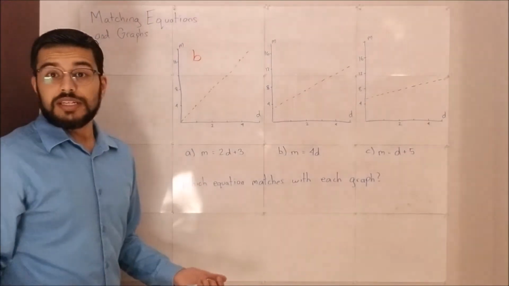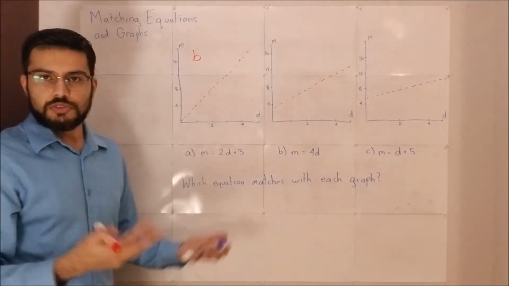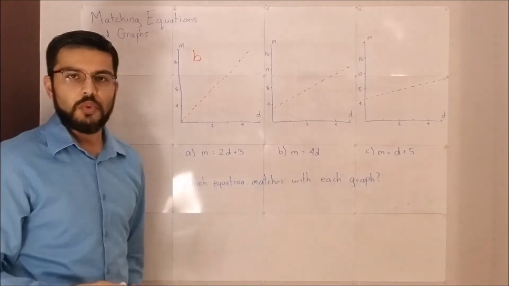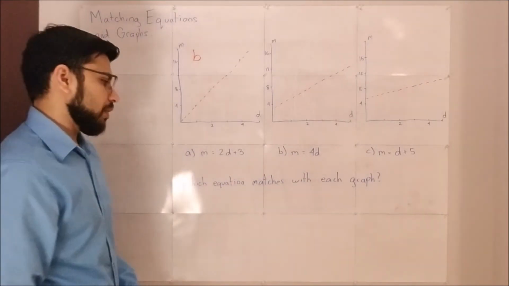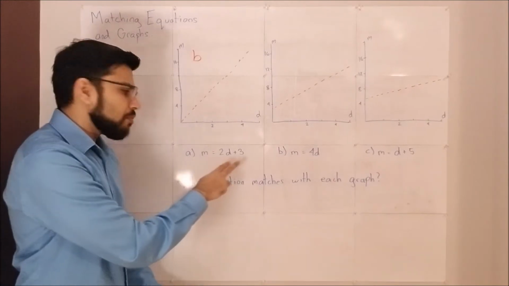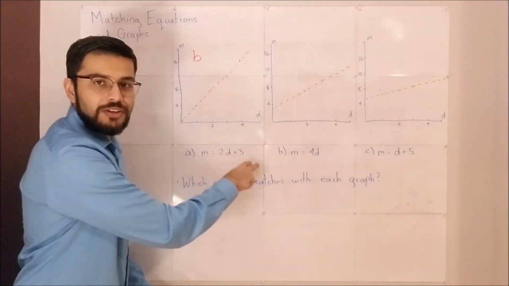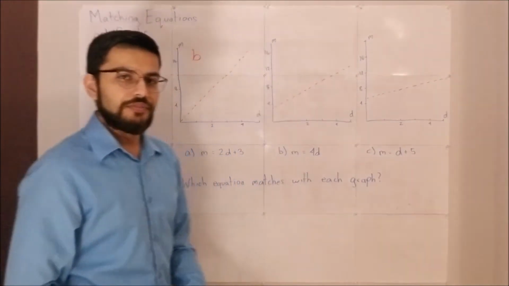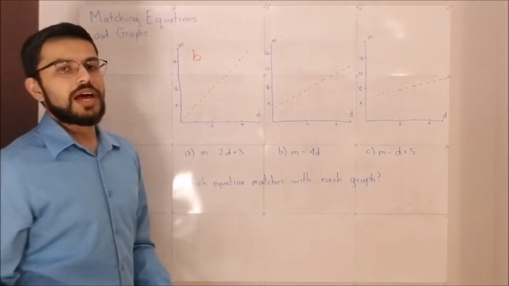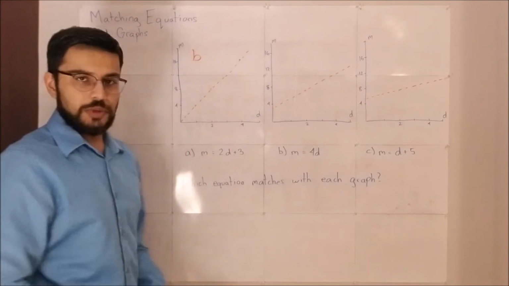Okay, now that's a great example because it's straightforward. It's just one step. These other two, A and C, there's a couple of things going on. Especially with A, you're multiplying by 2 and you're adding 3. On C, you're just adding 5. We can still apply the same logic though to our other pictures.